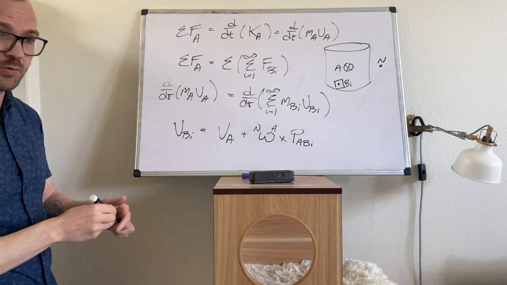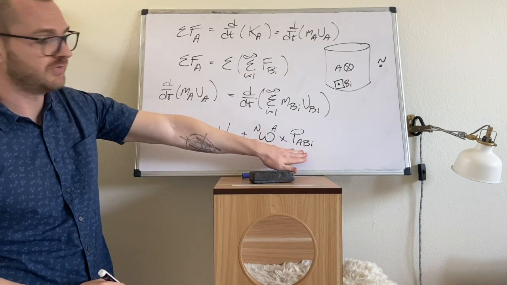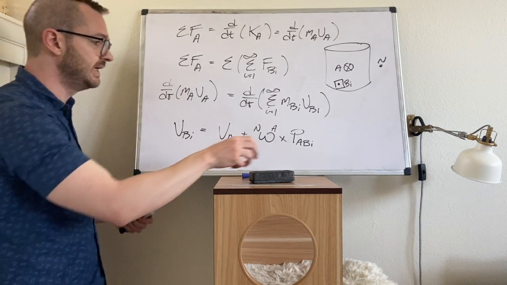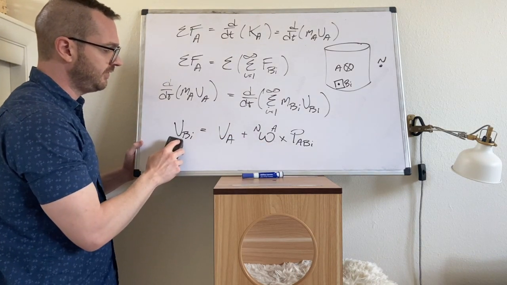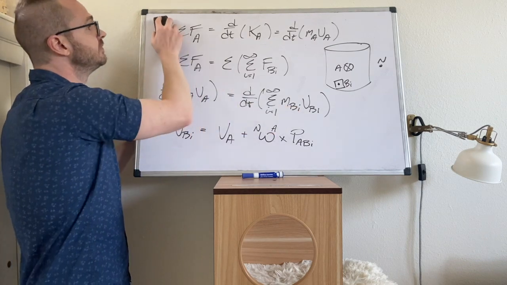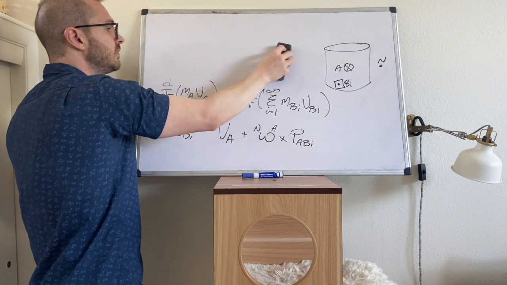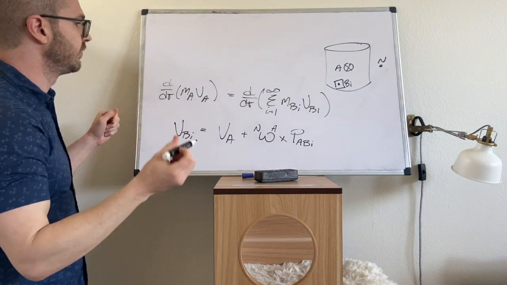Again, we're going to leave it general. Every different point B sub I is going to have a different position vector. Next, let's take this definition of velocity and put it inside of this equation. So here's what we're going to have.